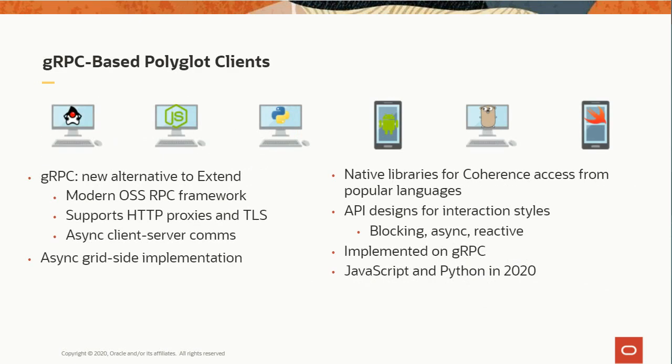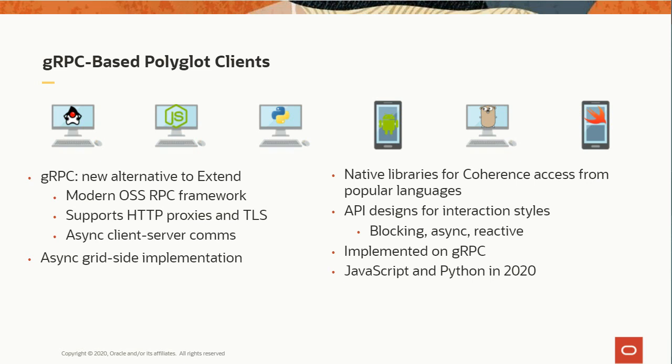So in 2020, we are implementing native language clients for other languages. We're implementing them on gRPC, which is an alternative to Coherence's extend protocol, which allows non-cluster member processes to connect to a Coherence cluster and access cache contents. gRPC is desirable because it's a modern open source framework for remote procedure calls.